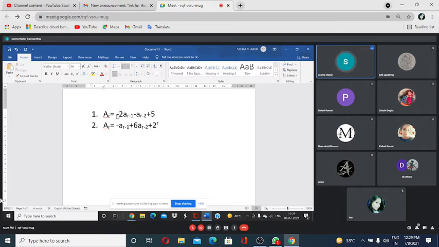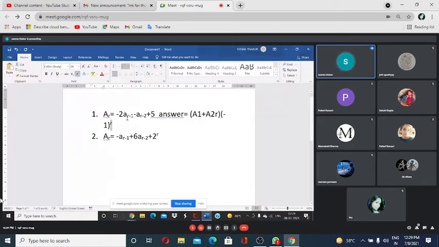Since there are two roots and both are positive one, as you are seeing, the equation will be like a1 plus a2 r, in the form of subscript, and if it is minus 1, we can use minus 1 raised to power r.